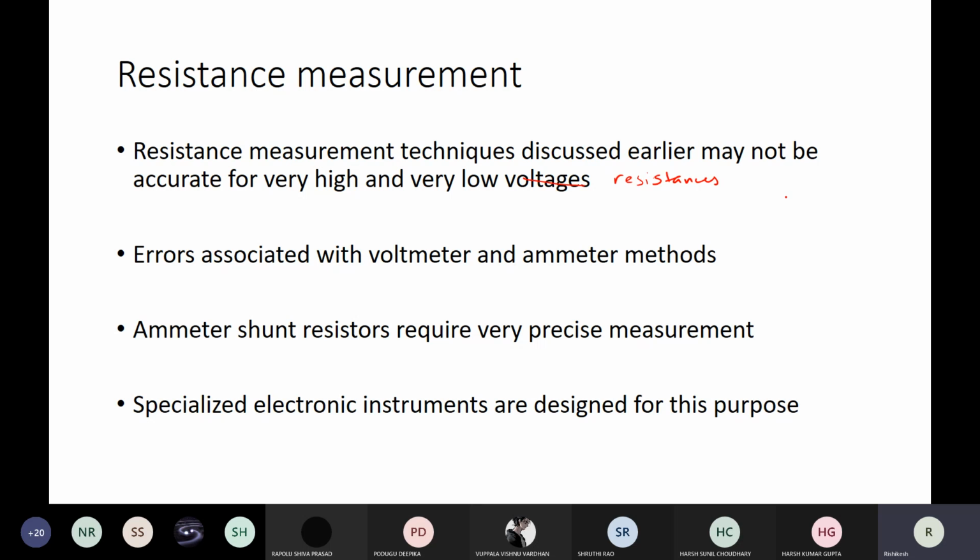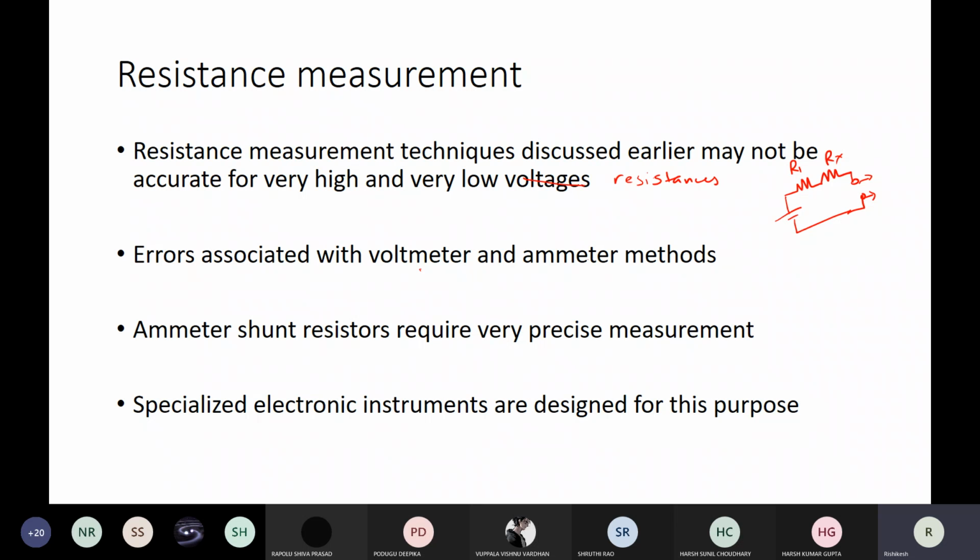We saw that if you have an unknown resistor kept in series with a known resistor, and you can measure the voltage across it, we can use this voltmeter based method for unknown resistance measurement. But the voltmeter itself is subject to errors, right? That is what we also saw. So when we consider the voltmeter and ammeter based method, there will be some error associated with it.